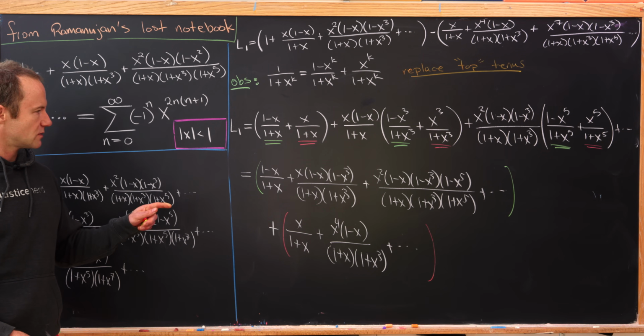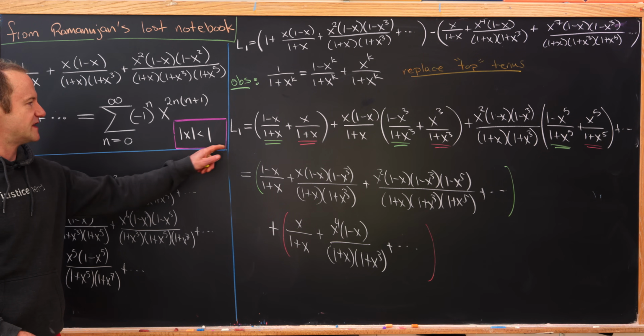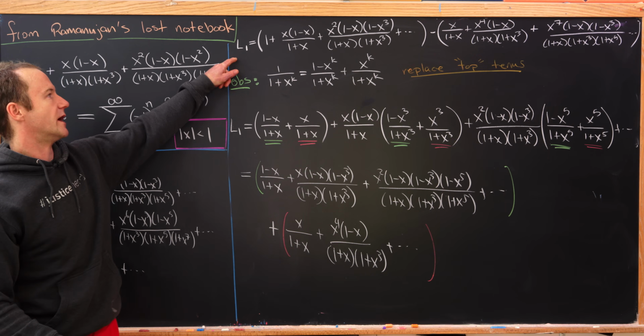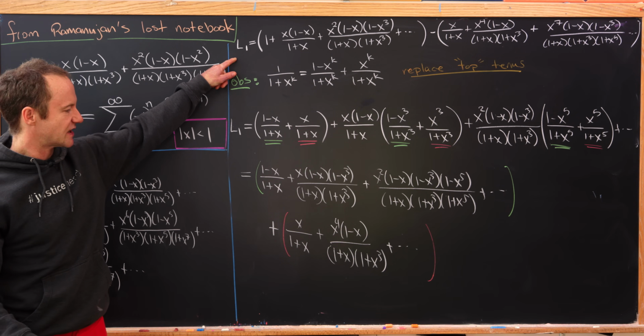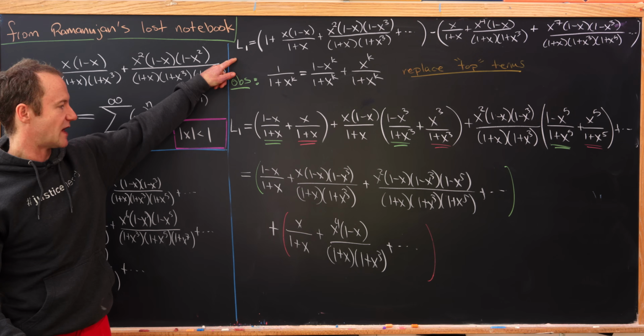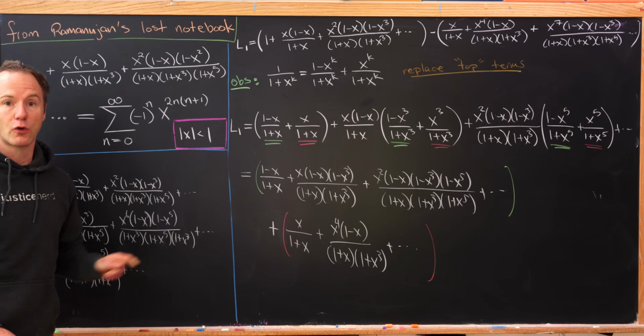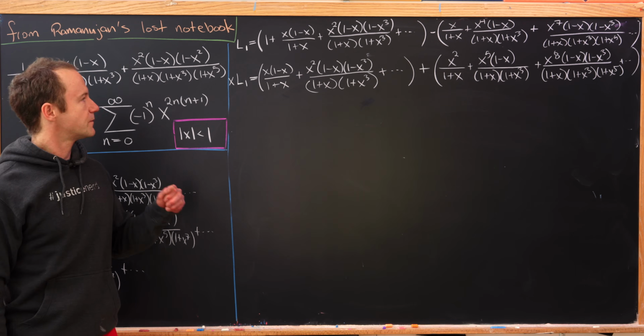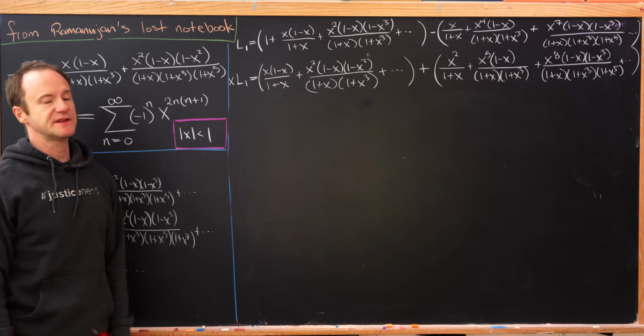Okay, so now let's put this second version of L1 up at the top, and for good measure, I'm going to multiply it by x, as that's going to be important for our simplification. So there we have it. There's our two versions of L1.